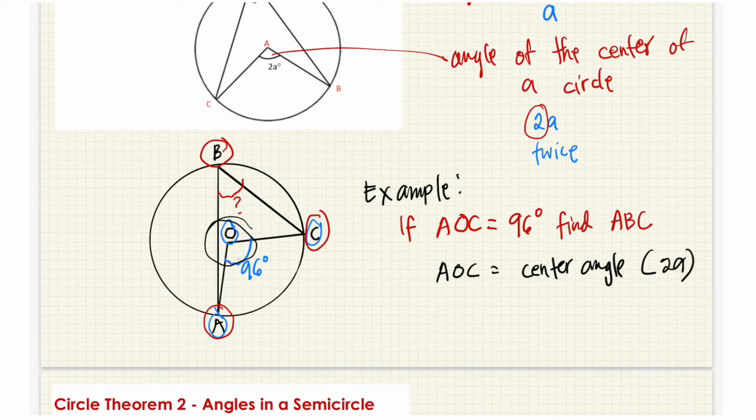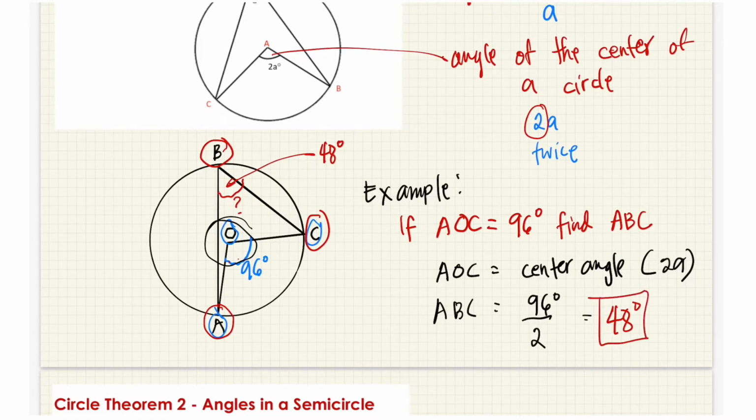So if we're going to look for ABC, we are now going to divide 96 by 2. Alright, 96 divided by 2 gives us the answer of what? The answer is 48 degrees. So therefore this one here is equal to 48 degrees.